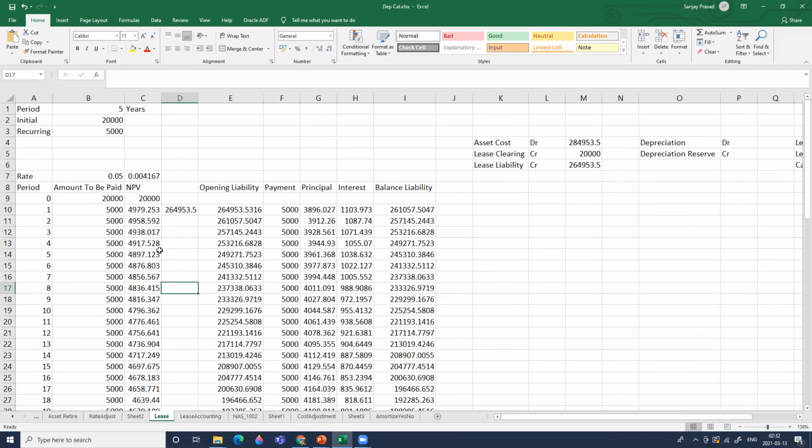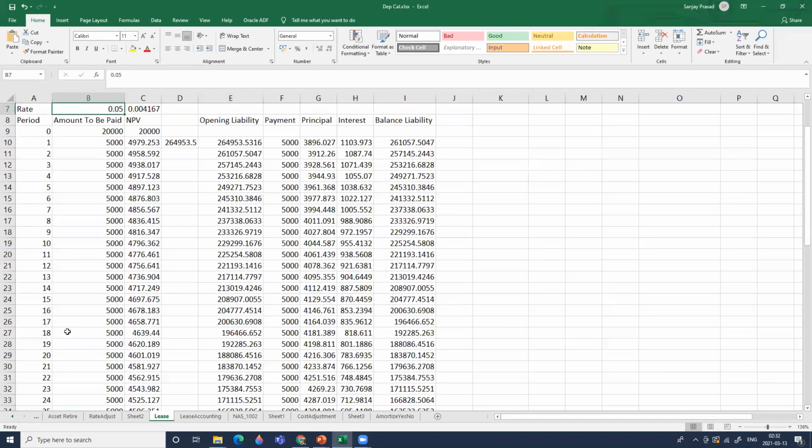If we do a period-by-period spread of the cash flow, it will be something like this. We start with 20,000 of payment, and every month we are going to pay 5,000 to the vendor. This is how it is going to happen for the next 60 months.